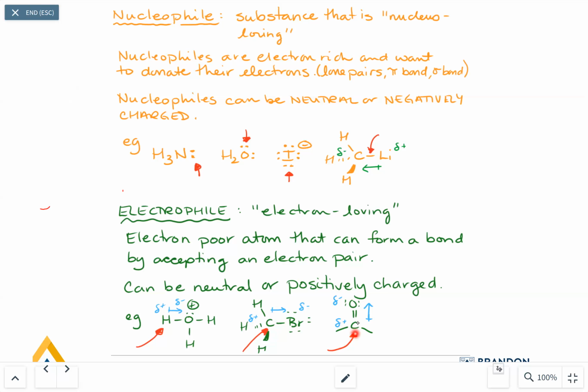So this carbon is going to be the electrophilic site of this molecule. Nucleophiles have lone pairs, pi bonds or sigma bonds that they can donate, and it's electrons in those bonds that are attacking something. Electrophiles are going to accept an electron pair.